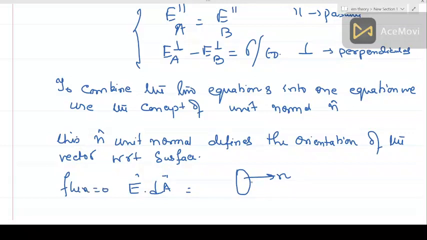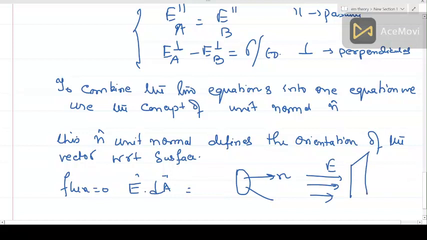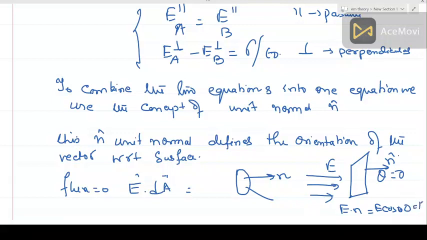If these are the electric field lines and your surface is like this, then the angle theta is equal to 0, and this unit normal is like this. This is the direction of unit normal. So E dot n is E cos 0, and it is equal to E.